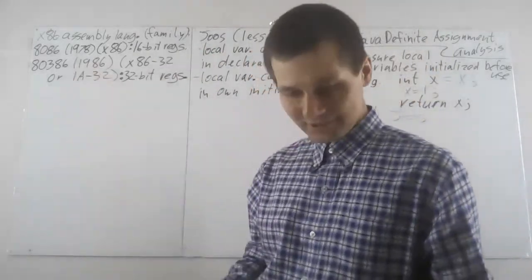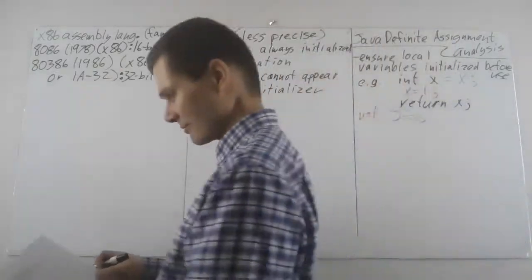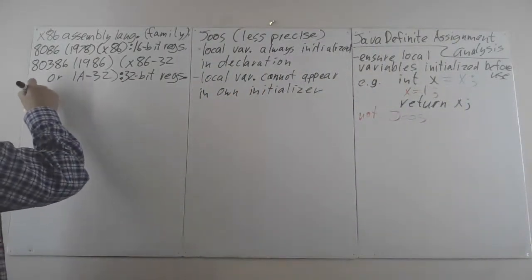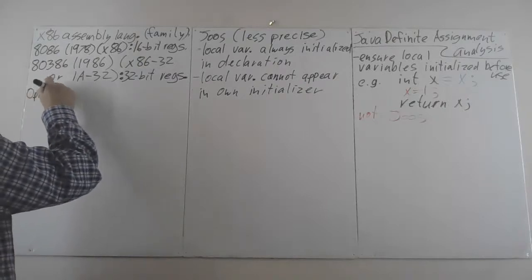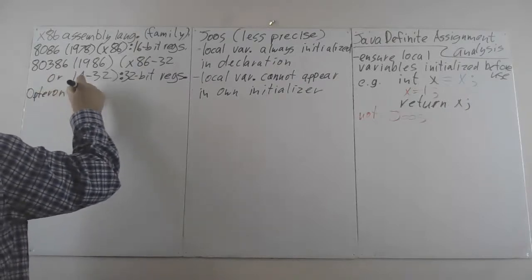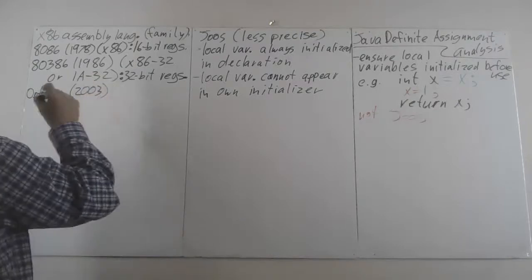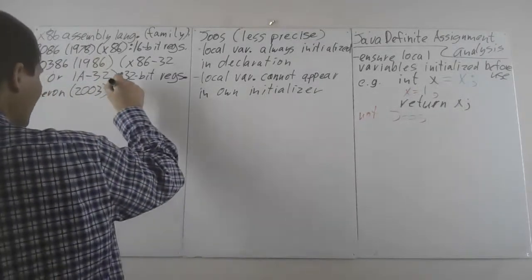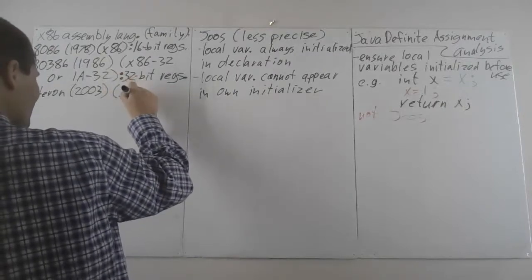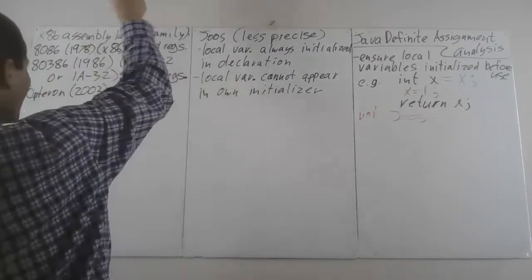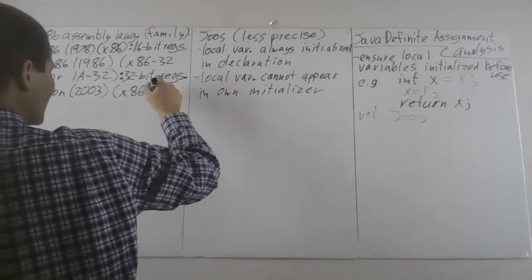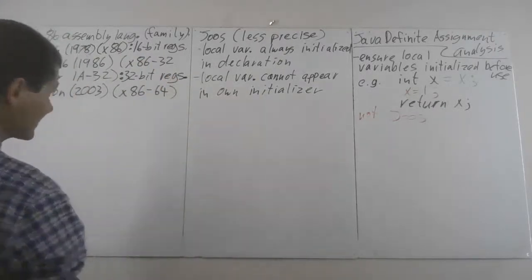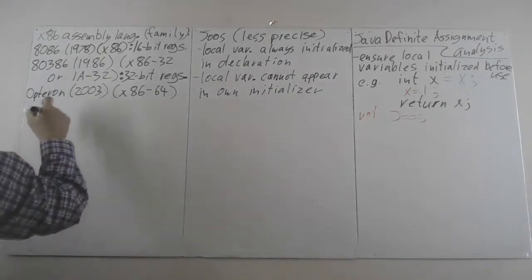Even though it's already kind of old, there's a third major change in 2003. The Opteron processor introduced a new kind of x86 language called x86-64.